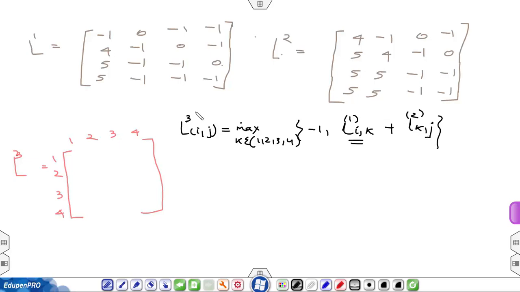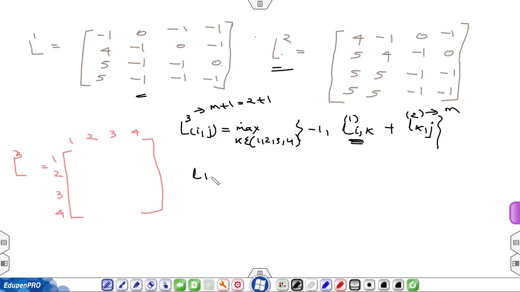So this is m plus 1, that is 2 plus 1. This is 3, and this is m. So it will be taken from L2. This will always be taken from L1.